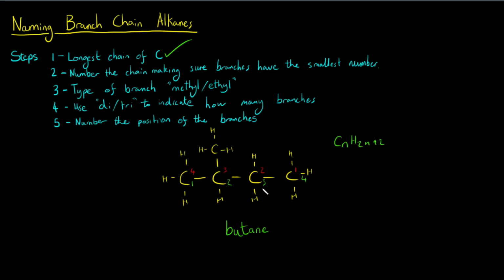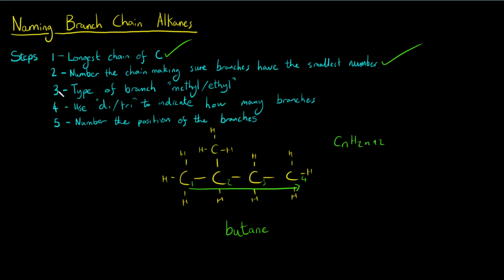So since 2 is obviously smaller than 3, the one in green has to be the correct numbering system, going from left to right. The red numbers don't allow us to have that branch in the smallest possible number, so we're just going to remove those numbers. So we've named the longest chain. We have now also numbered the chain in the correct way to make sure that the branches are on the smallest possible number.